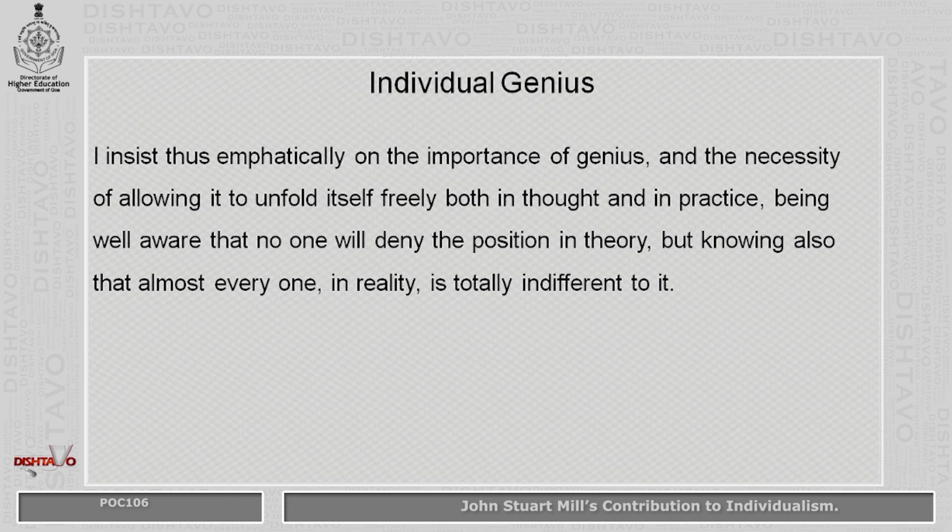So this individualism is universal, and there should be a society. J.S. Mill's utilitarianism tries to cultivate a kind of society which will give a space to develop such individualism.